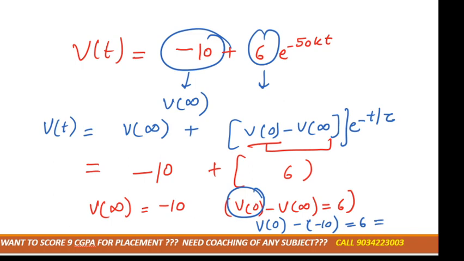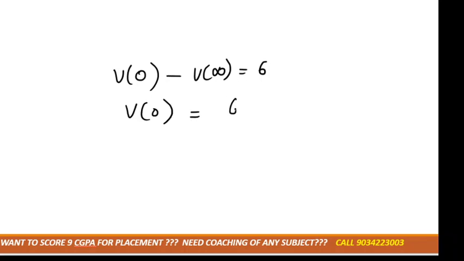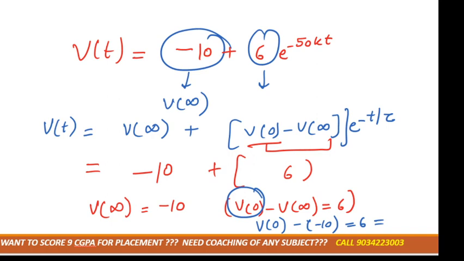If you didn't understand this, I'm repeating. V of 0 minus V of infinity is 6, right? So V of 0 is equal to 6 plus V of infinity. The 6 we get from the equation.